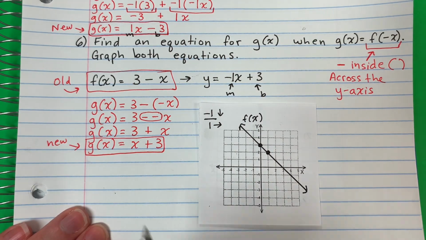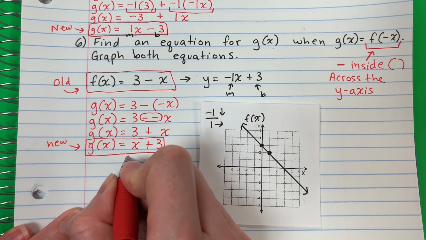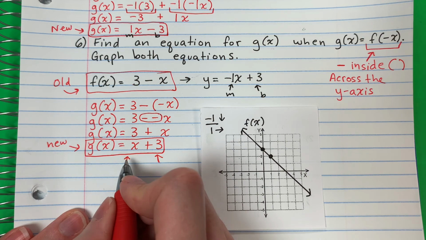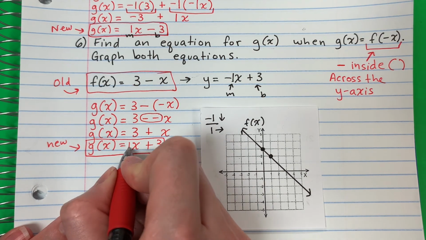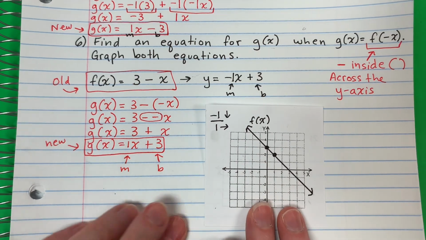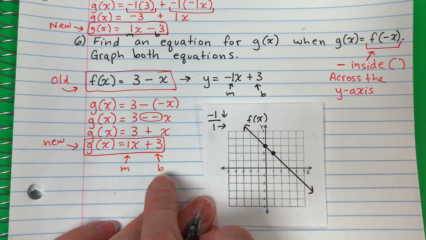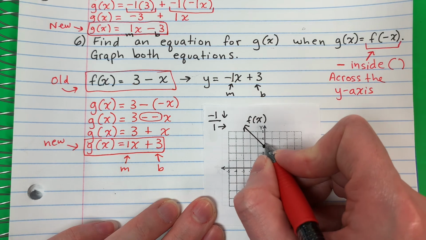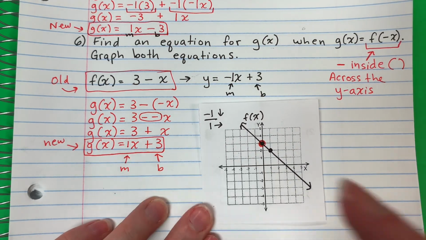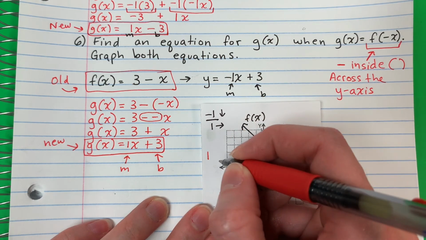Different color, diferente color for the new one. Okay. Here. What number if there's no number? ¿Cuál número si no hay número? 1, uno. So my m is 1 and my b is 3. Y-intercept 3, y-intercept 3. So y 3, it's right there. Okay, and then my slope is 1. Mi slope is 1, positive 1.